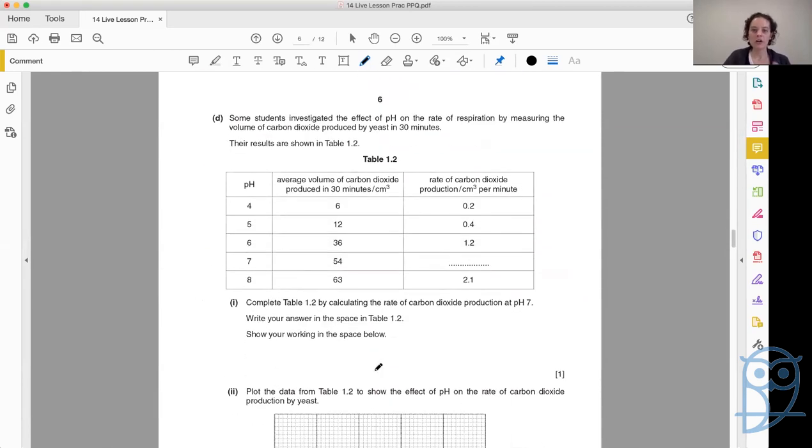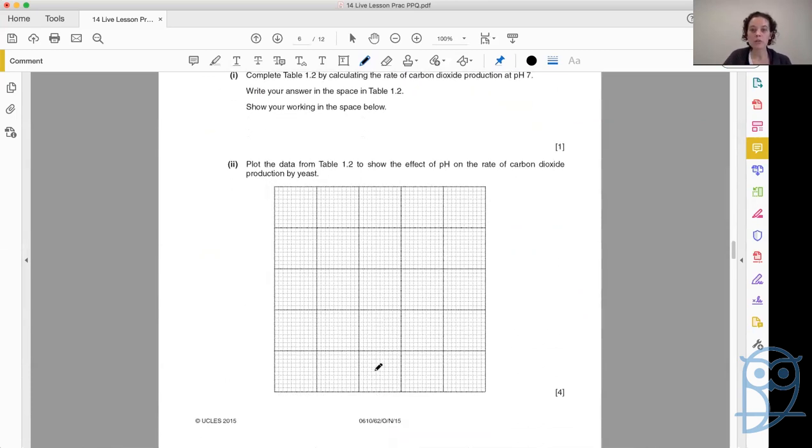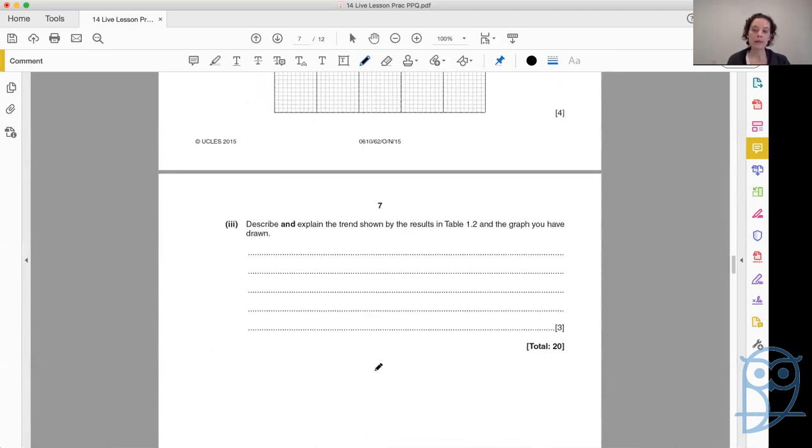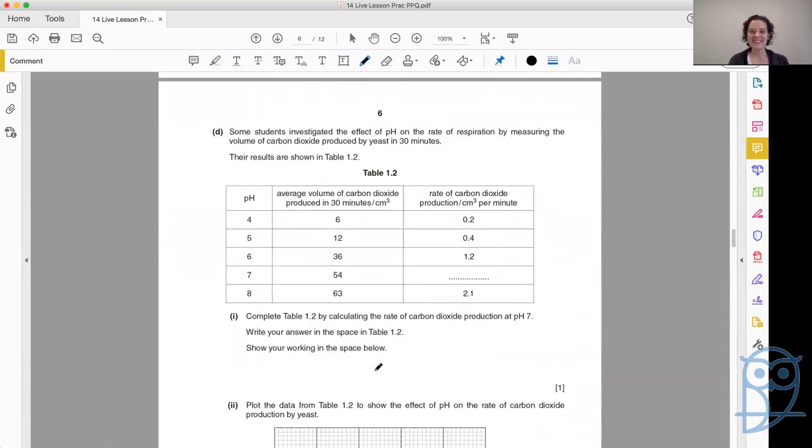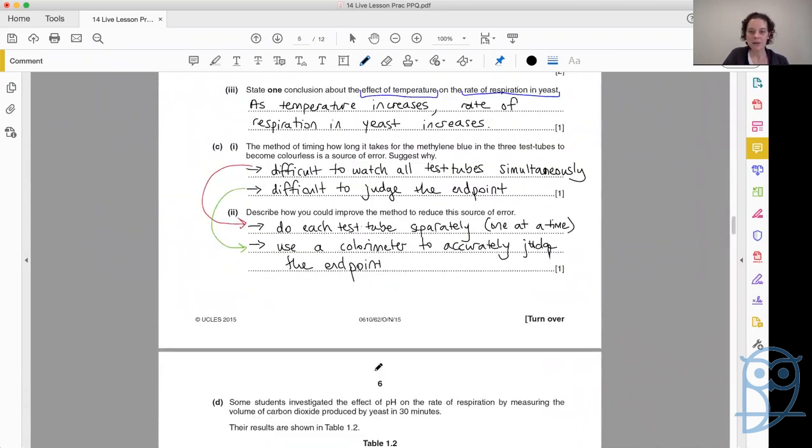So moving on to the graph, we've got to now look at another investigation. We've got to put some results into a table, plot a graph, and then describe and explain from the graph. So we only have 3 minutes left because we've been focusing on this accuracy, reliability, and error. So we're going to skip these ones for now.